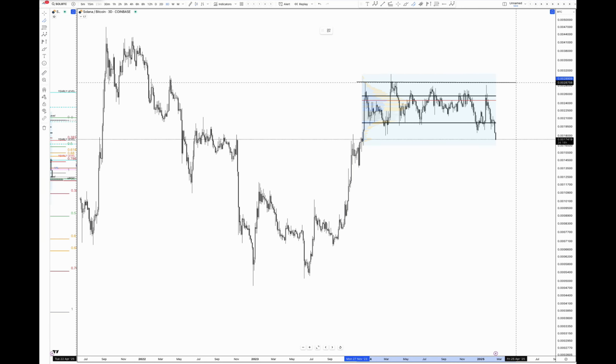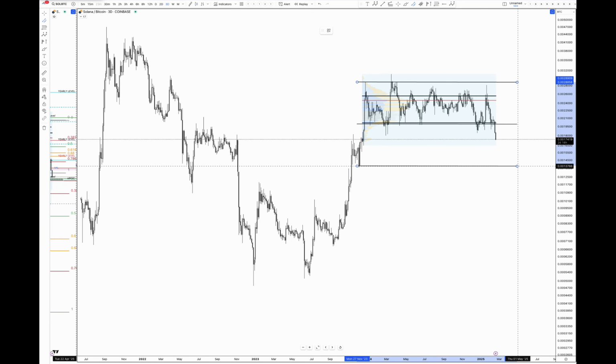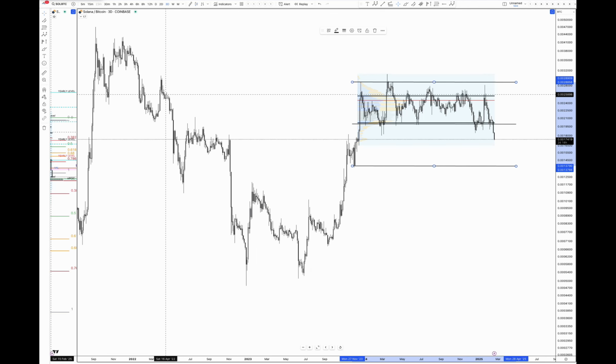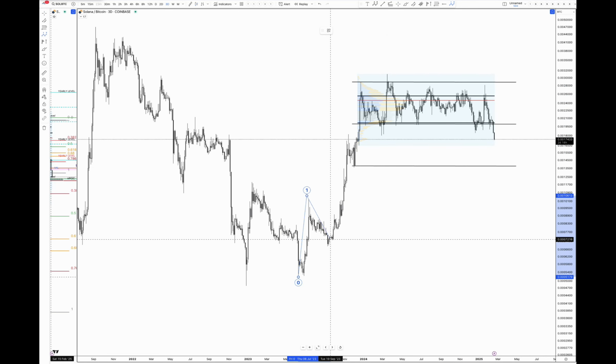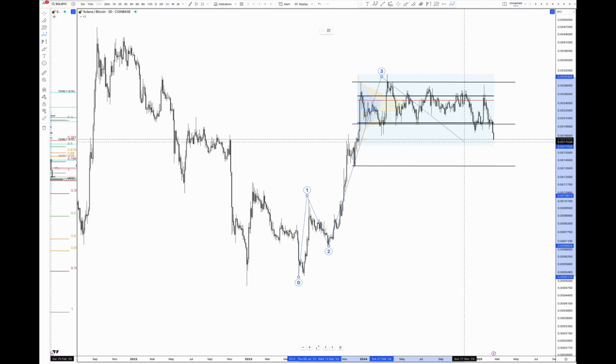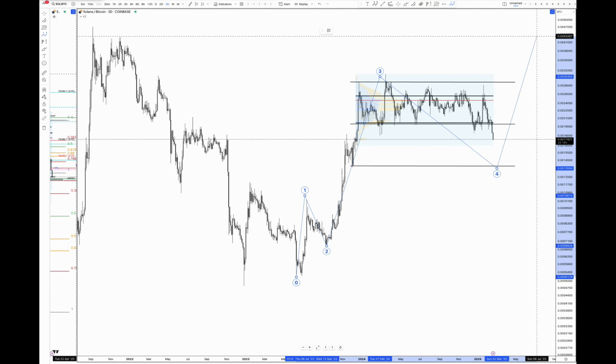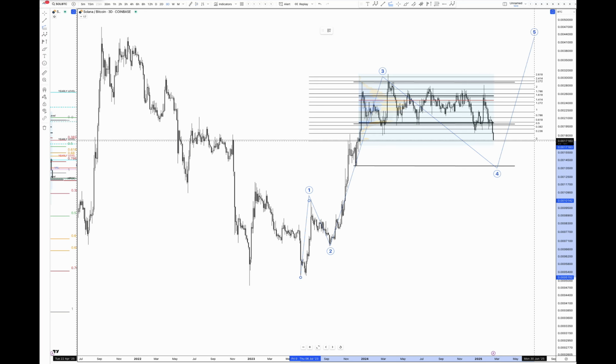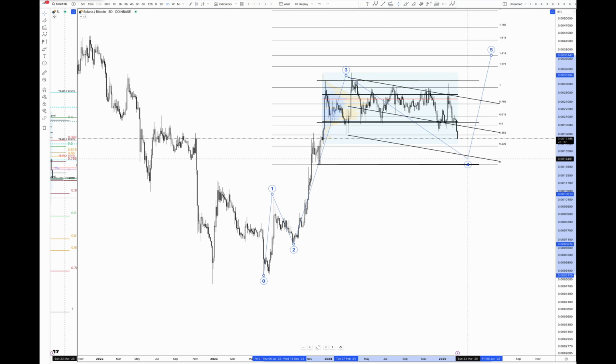There, it's a level to that. And the thing is, it could come down to that level here. So if we've got 1, 2, 3, it's still valid to come down to this level and then go up again. This area could play a good role, and that's our corrective wave, and then we look for further highs. There's a number of ways of looking at this.